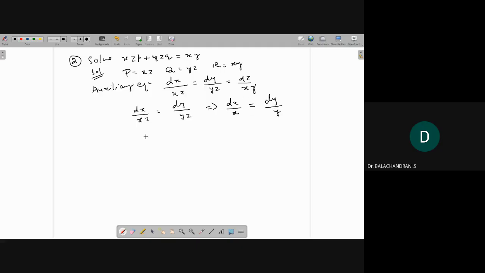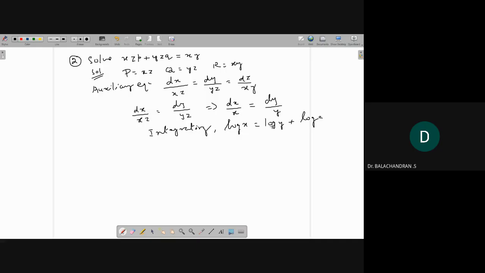Integrating, we get log x equal to log y plus some constant, which I will take as log a.